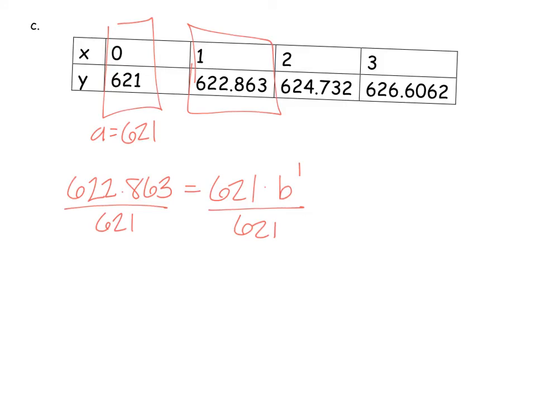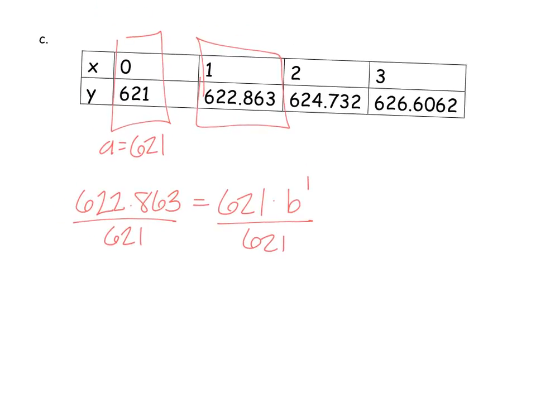Okay, so what I did here, I found my a value, that was when x is 0, and then I put in when x is 1, we have 622.863. So I take that number divided by 621, and my b is 1.003.